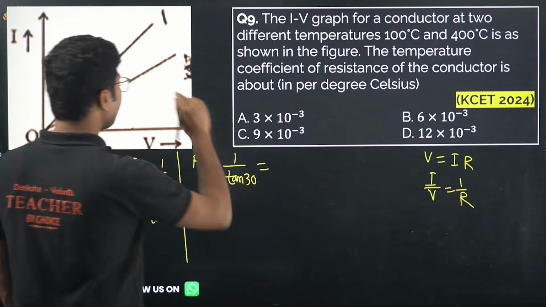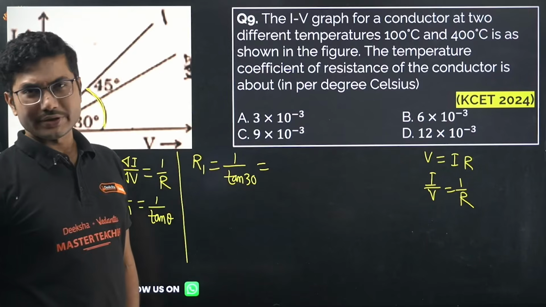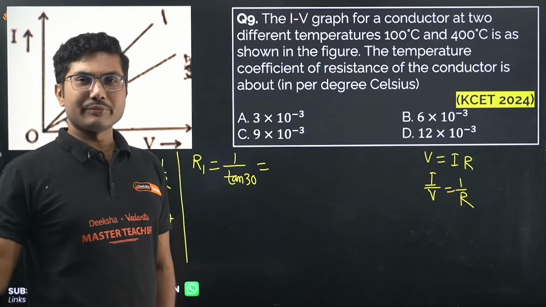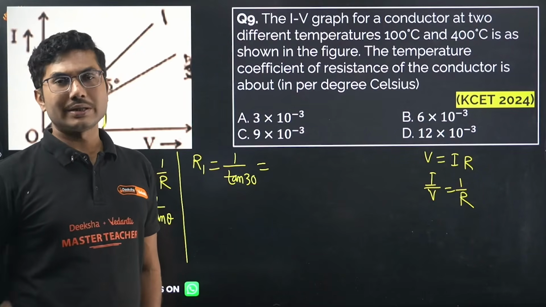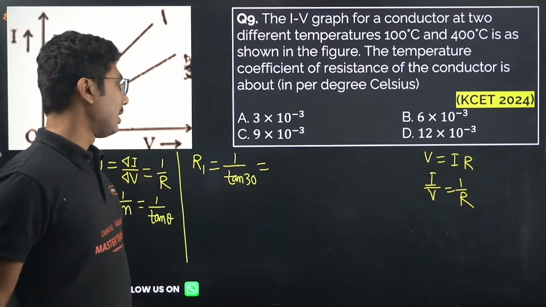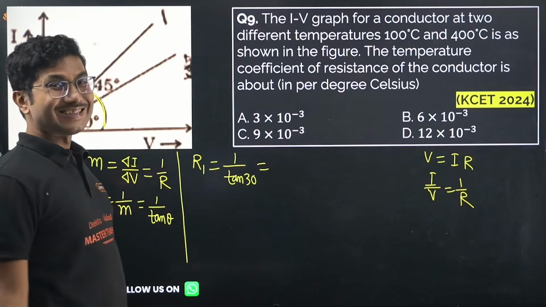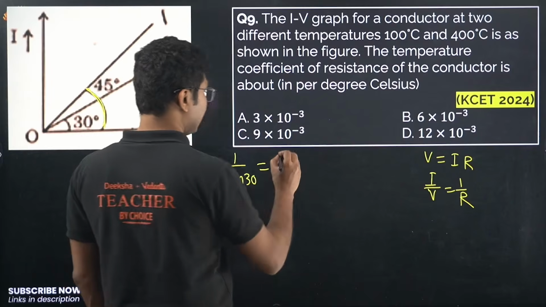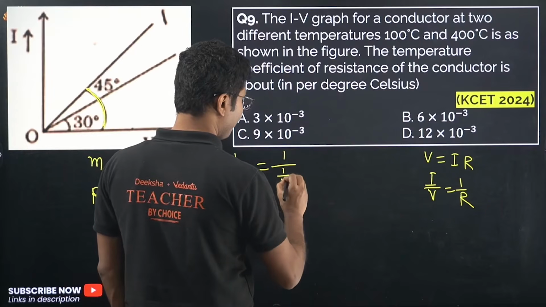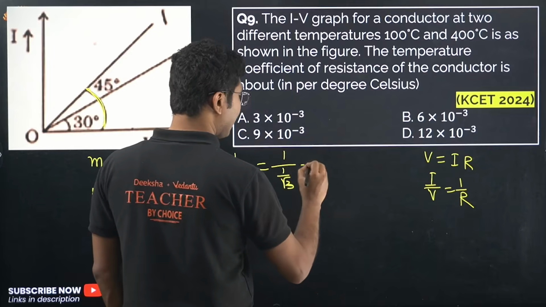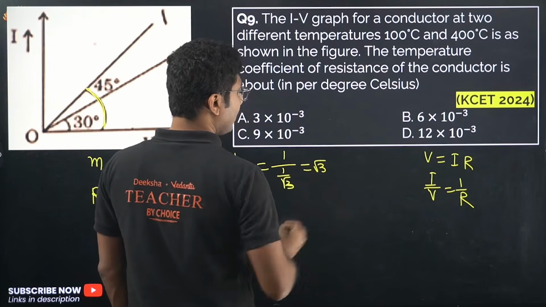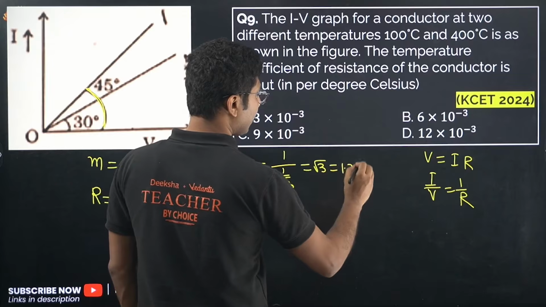We do not know which one is 400 and which one is 100. We will try to calculate and see which is greater. Now what is tan 30? Tan 30 is 1 by root 3, so that means it will be root 3. Root 3 means 1.73.